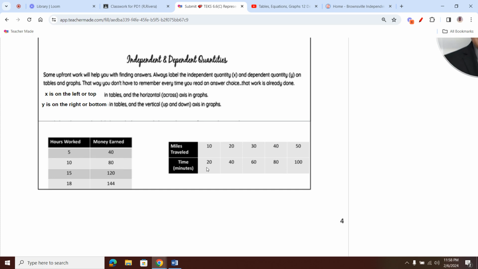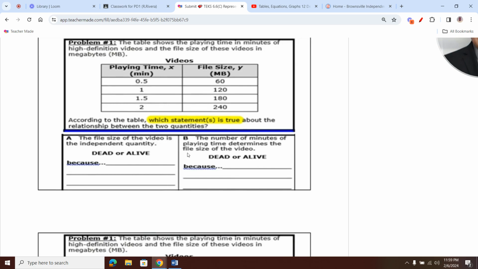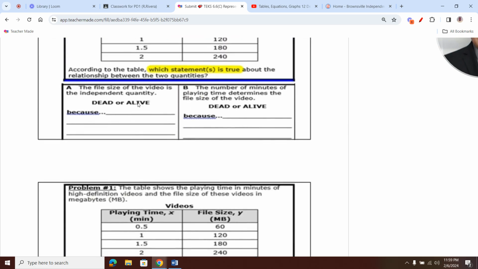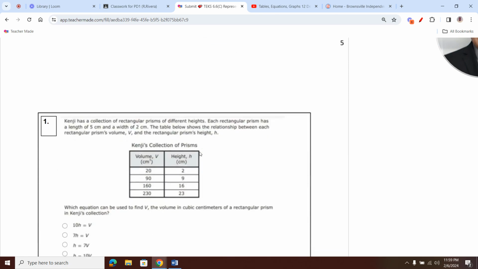Basically, the more I travel on the road, the more miles I make. So this amount of miles will determine the Y. That's why this is the dependent. And that's how what I just mentioned will answer A, B, which I already did. C, D is your part.